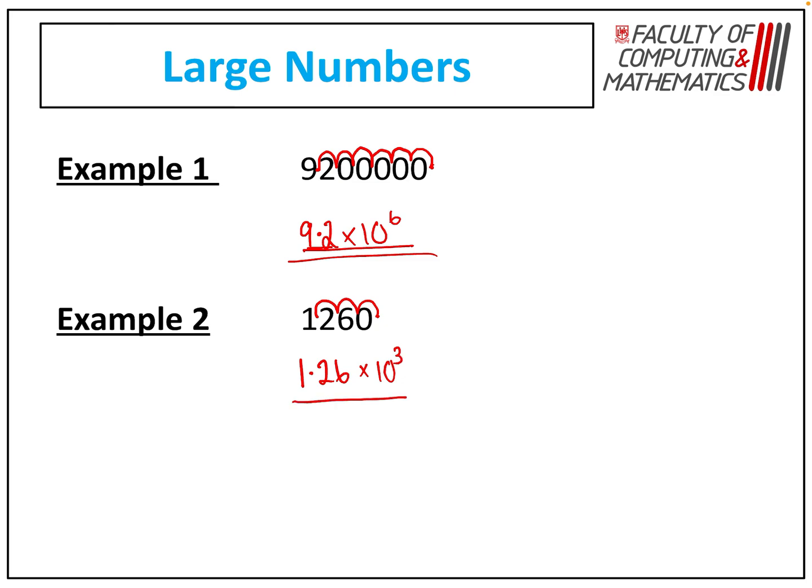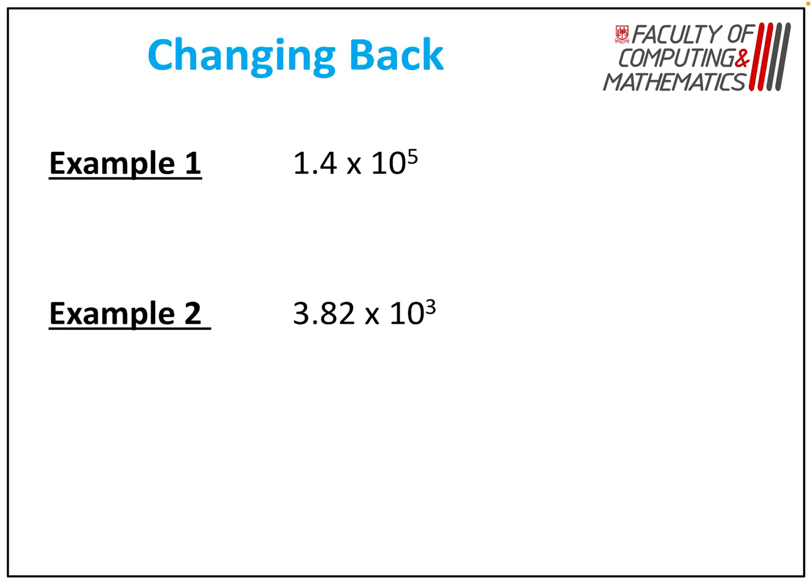We then need to be able to turn numbers from this form back into our full normal number form. And we do that by moving the decimal point back again. So in this case, we're moving it back 5 places, which means we end up with 14000.